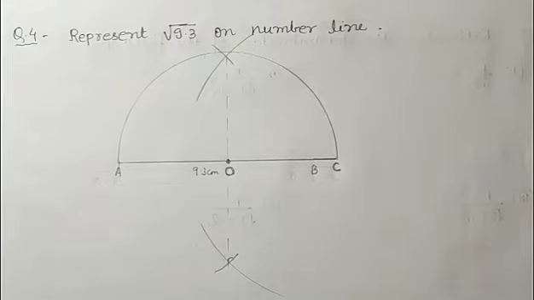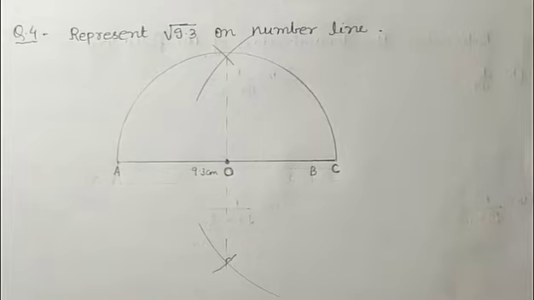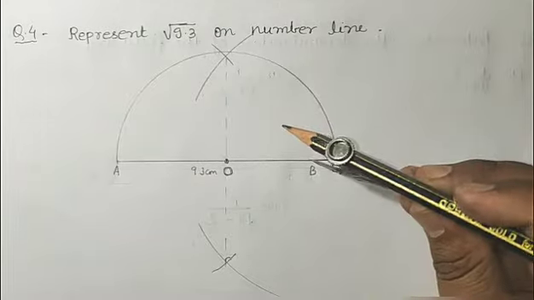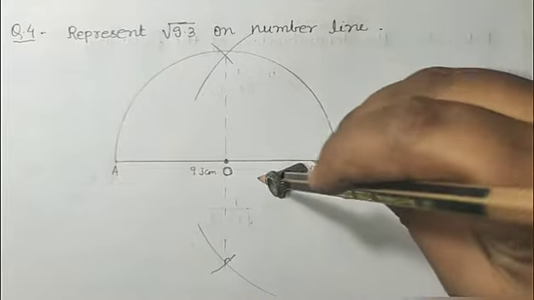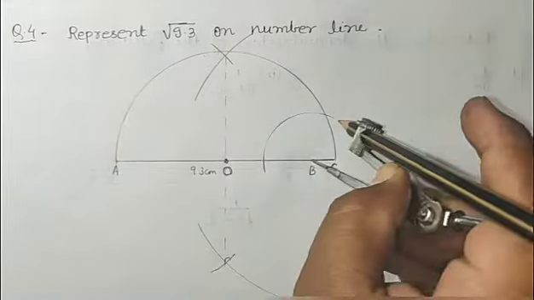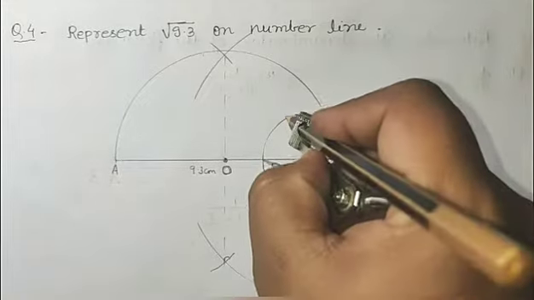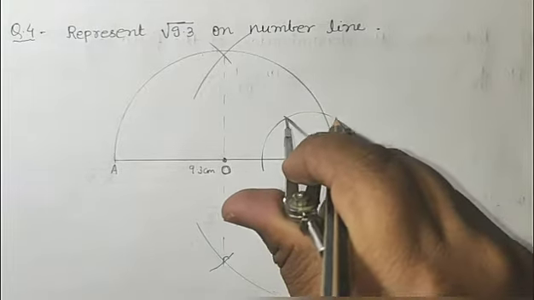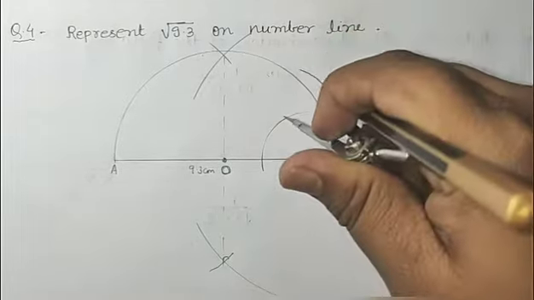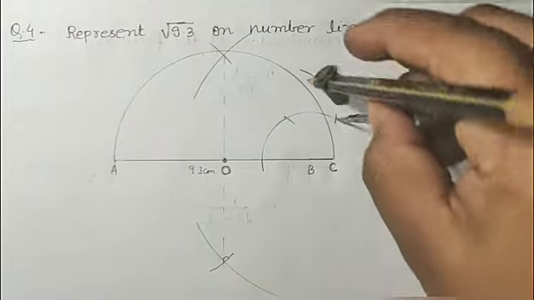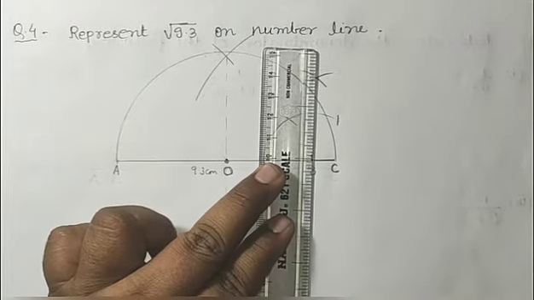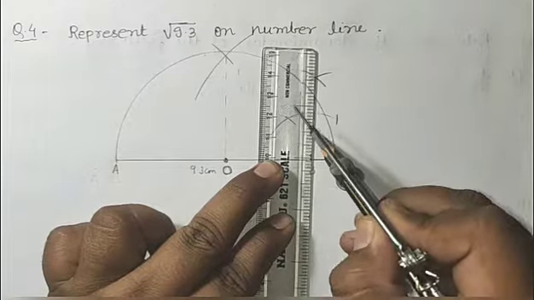Now students, we will draw a perpendicular from B to cut this semicircle. How will we draw a perpendicular from B to cut this semicircle? Perpendicular means a 90 degree angle. This will be your 60 degree, this will be your 120 degree, and like this you will draw the perpendicular.